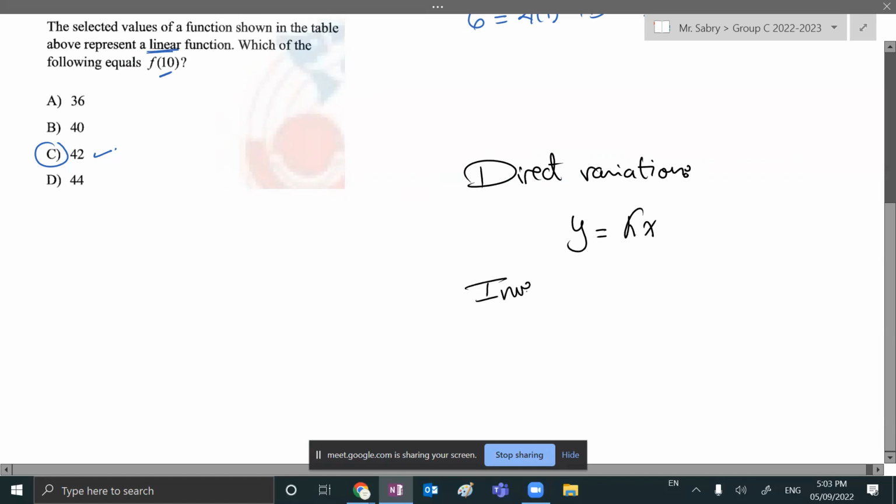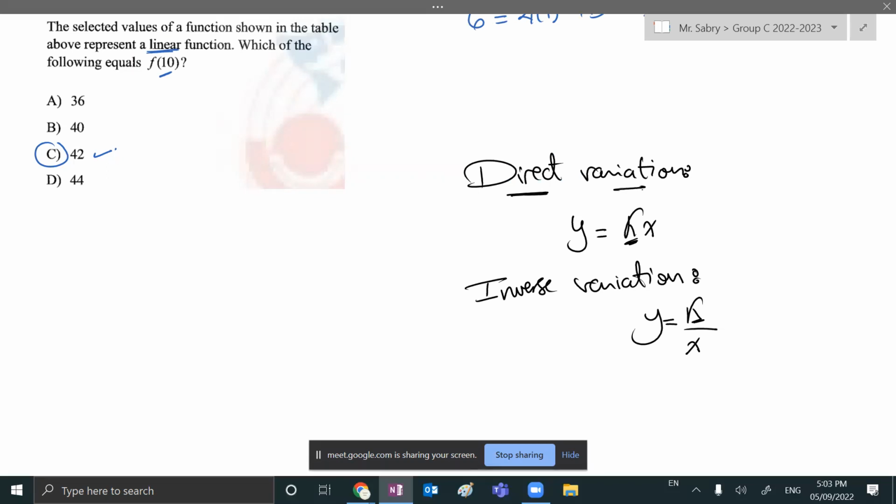While the inverse variation, which means when one increases, the other one decreases, has the form y equals k over x. So there's always a constant that's either multiplied by the variable or divided by the variable. If we're talking about direct variation, this means when x increases, y increases, and when y increases, x increases. But inverse is when one of them increases, the other one decreases.